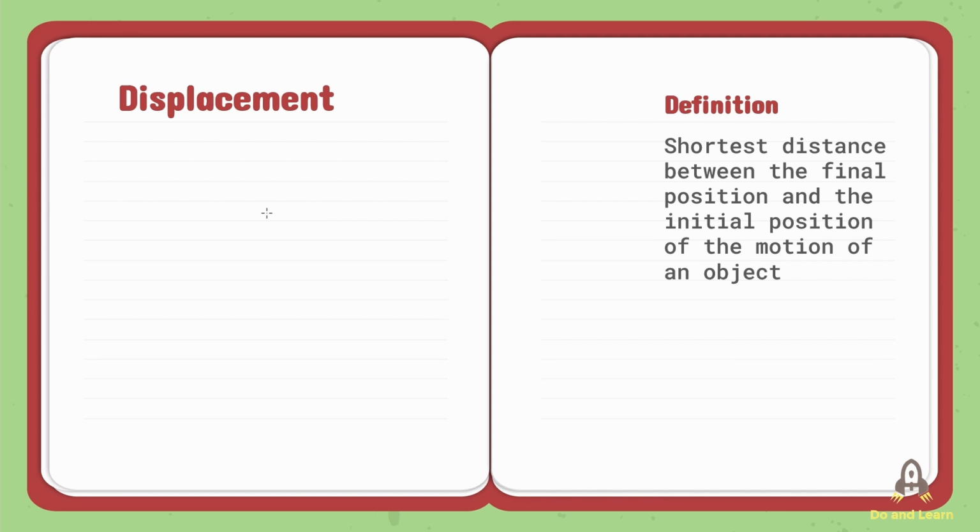Distance is the length of path traveled by the body, so it will always be positive. But displacement is the shortest length in a direction. The displacement has direction, so it can be negative, positive, or 0. The displacement can be 0 even if the distance is not 0. These are the main differences between distance and displacement.